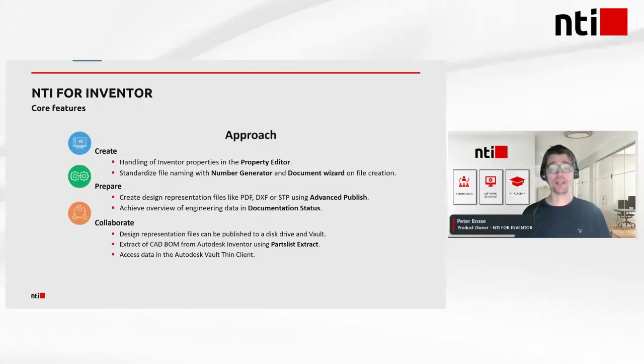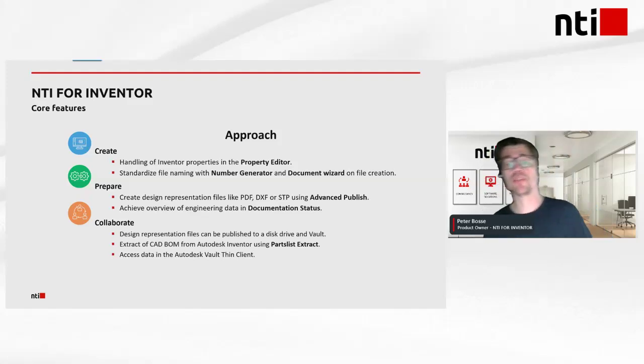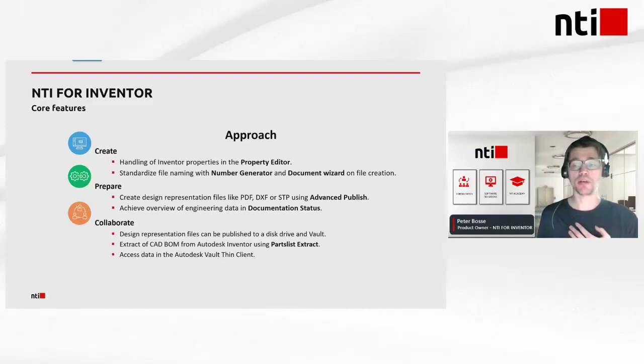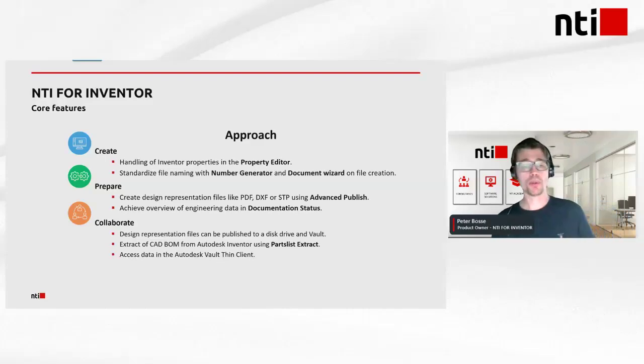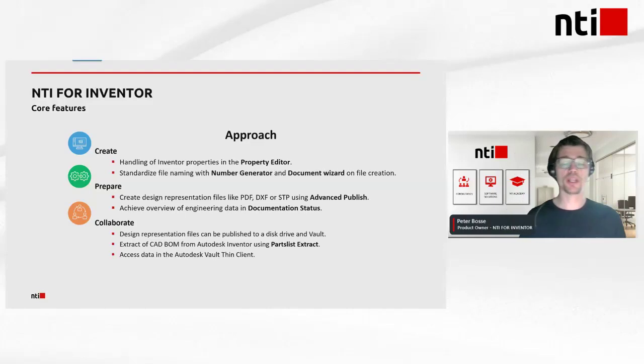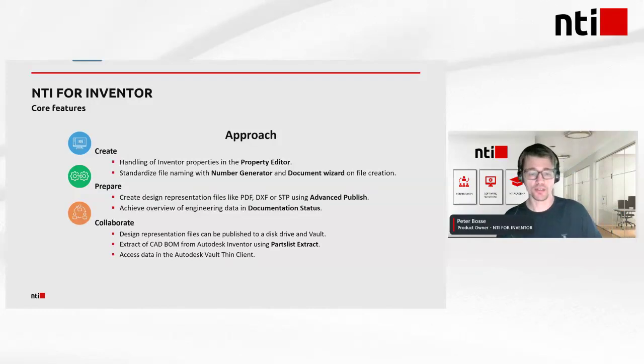We have a prepare stage where we are publishing out PDF, DXF, and step files with our advanced publish tool. And we also have a documentation station to get an overview of all that published data we create from NTI for Inventor. Lastly, we have the collaborate approach, where we are extracting part lists, and we are publishing those derived files into Vault.